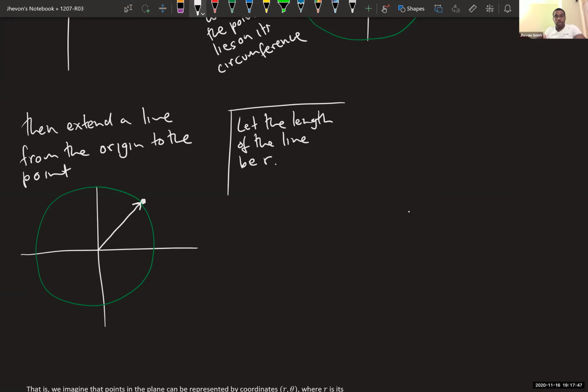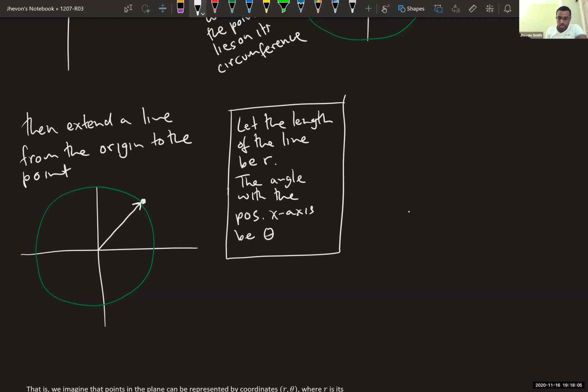That's the variable r. And the angle with the positive x-axis be theta. And that leads to this idea.